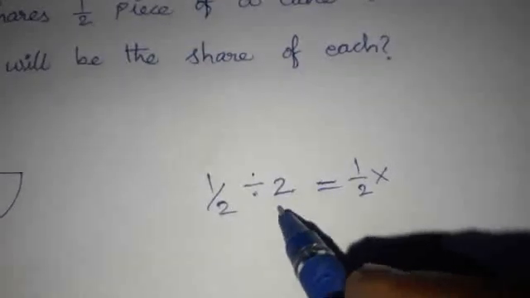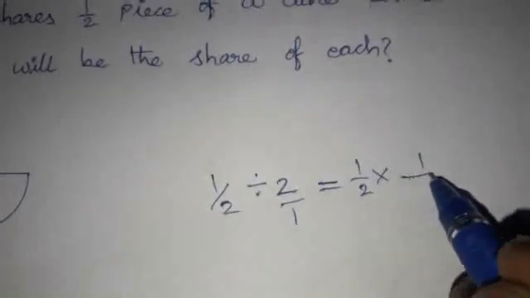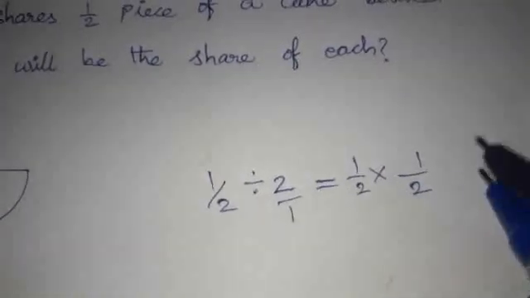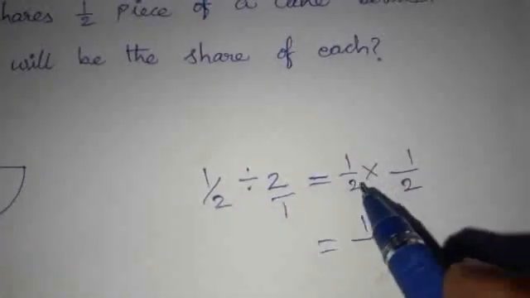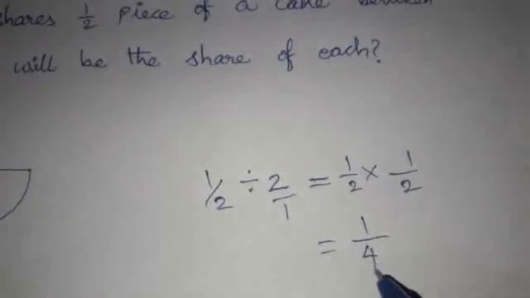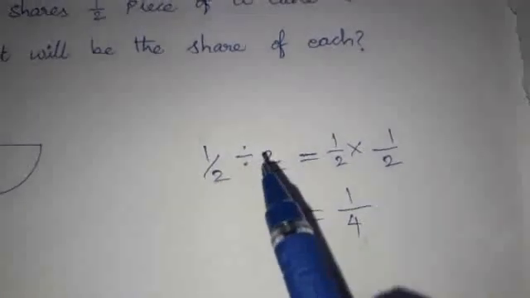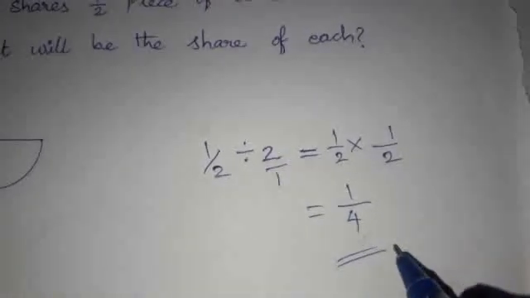Every number has a denominator 1, so the reciprocal of this number is 1 by 2. Next we are going to multiply these two numbers. Multiplying the numerators, 1 ones are 1, and the denominators, 2 twos are 4. So when we multiplied half by 2, we get 1 by 4. This is the answer for this question.